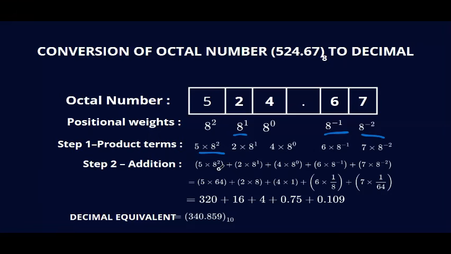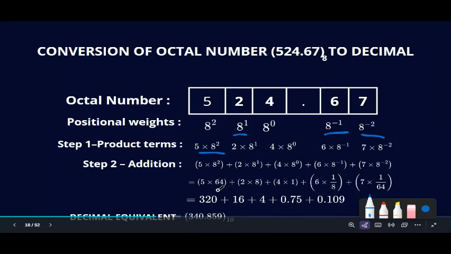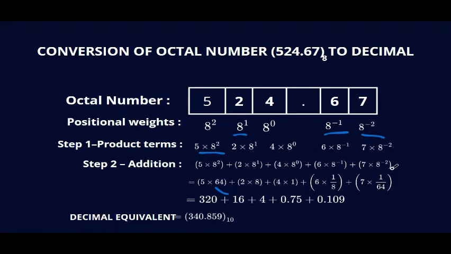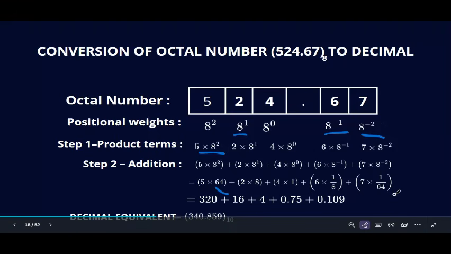Then we substitute the values for each of the power terms. That is 8 square is 64, 8 raised to 1 is 8, 8 raised to 0 is 1, 8 raised to minus 1 is 1 by 8, 8 raised to minus 2 is 1 by 64.